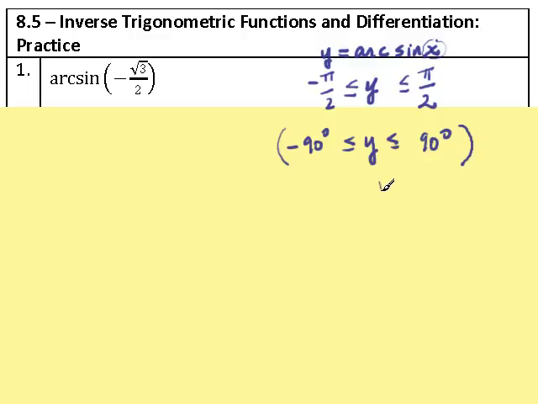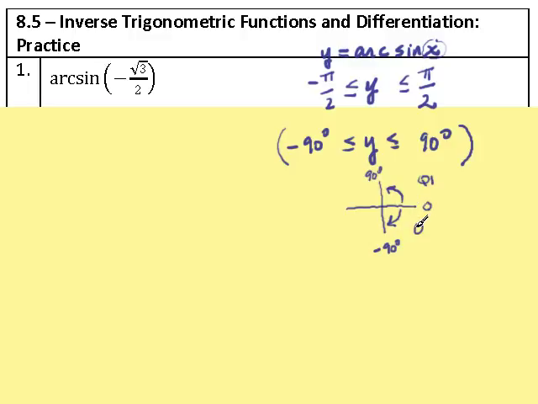What quadrants are we talking about? Let's just draw the x and y axis. From 0 to 90 degrees, we mean angles in this quadrant, quadrant 1. And between 0 and minus 90 degrees, we mean negative angles in this quadrant.